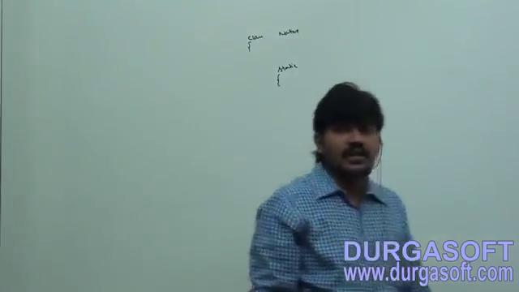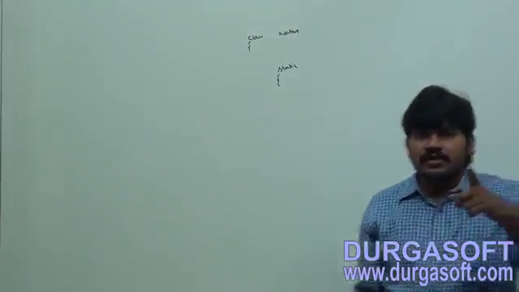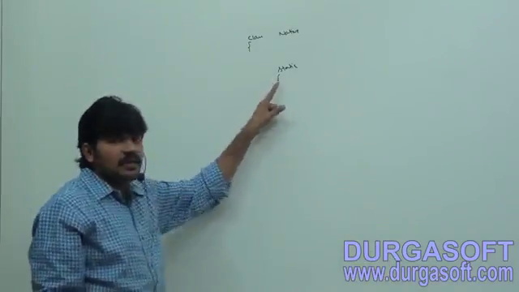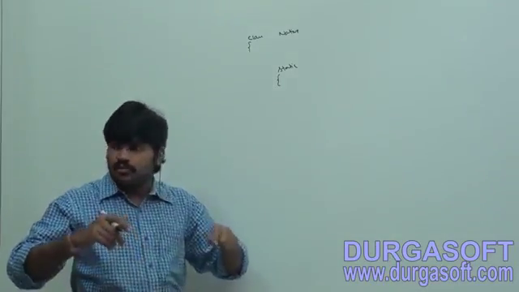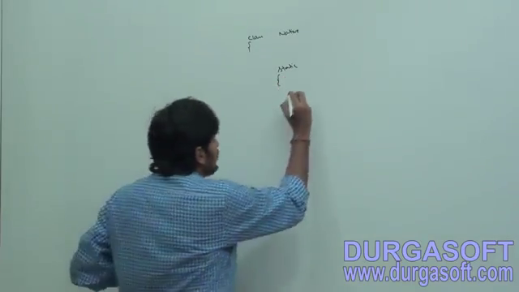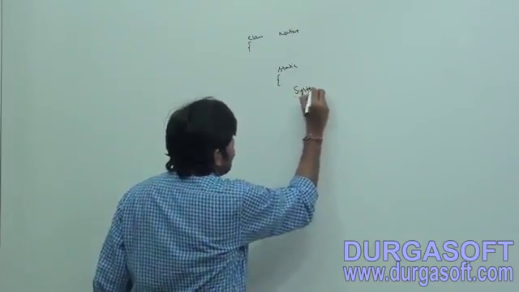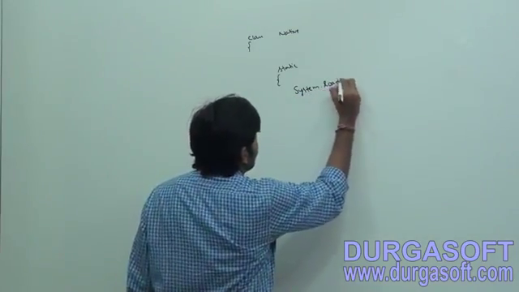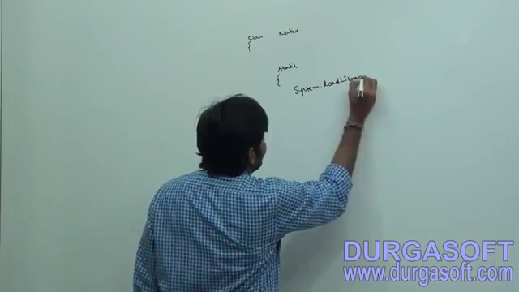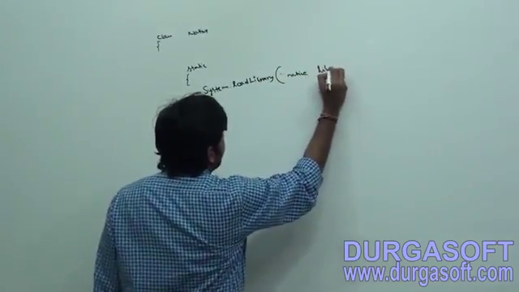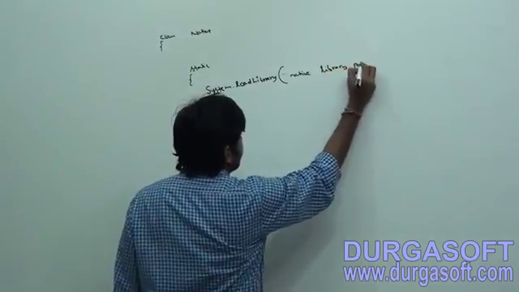Have you remembered when the static block is going to be executed? At the time of class loading. Hence, at the time of class loading, the corresponding native library should be loaded. That's why we define that inside the static block. Sir, static, System.loadLibrary, and the native library path we have to specify.